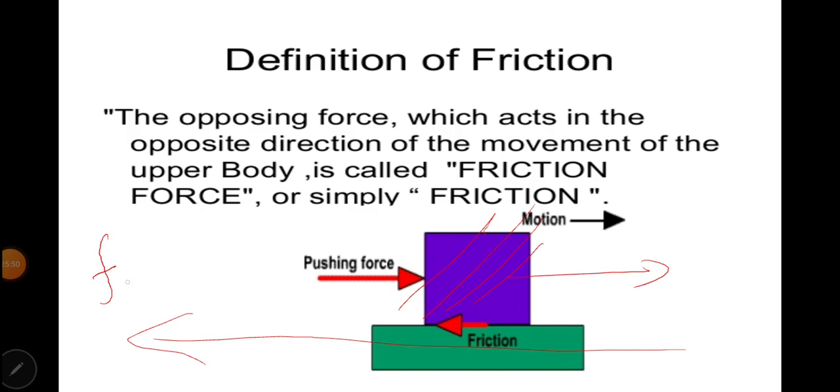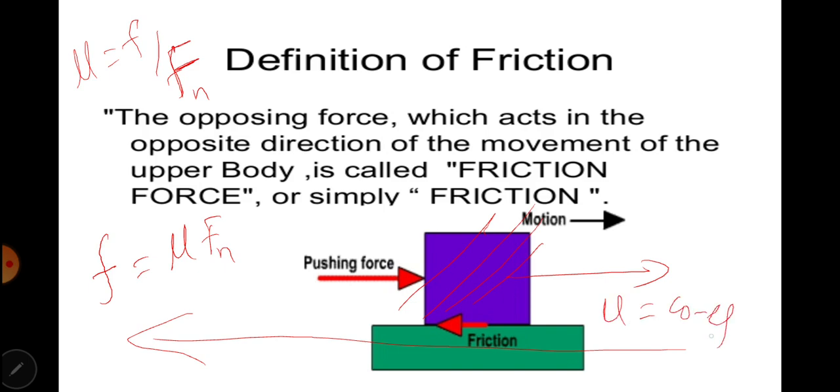Now force of friction is equal to mu into Fn, so mu is equal to the force of friction divided by Fn. Mu is the coefficient of friction. Mu is a ratio, and a ratio has no unit.